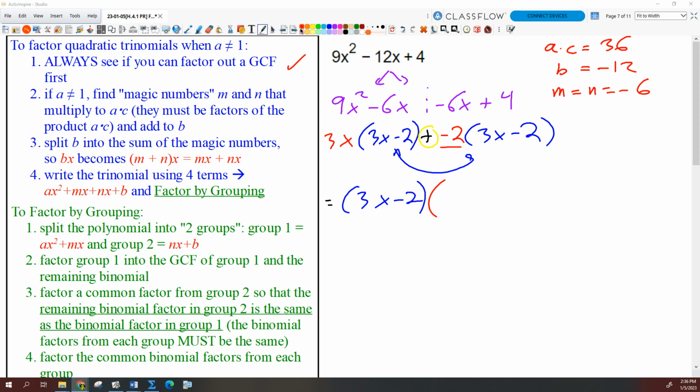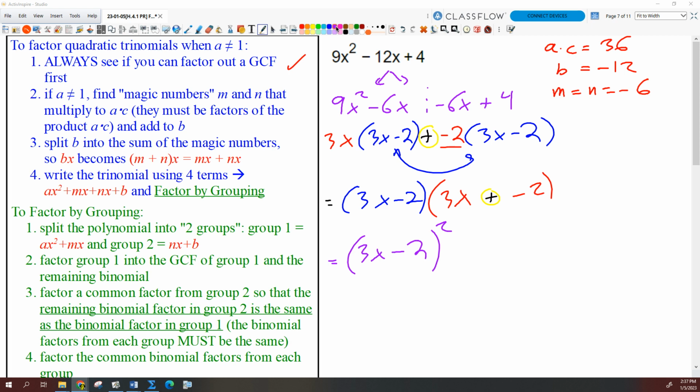What am I left with from the first term? 3x, plus, there's my plus sign. From the second term, negative 2. Well, that's just 3x minus 2, right? 3x minus 2 times 3x minus 2, how would I write that? 3x minus 2 quantity squared.